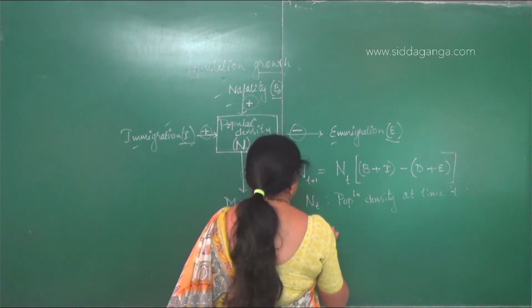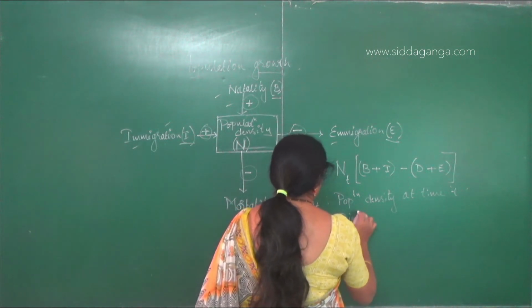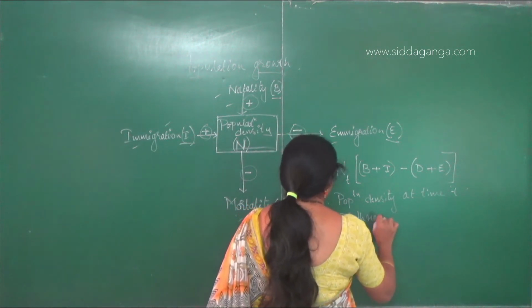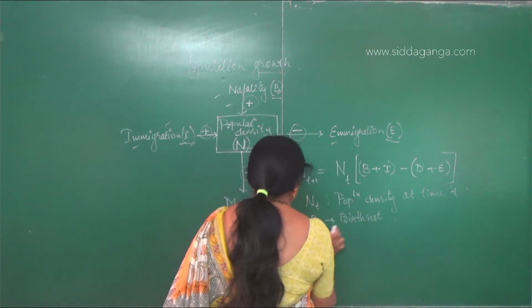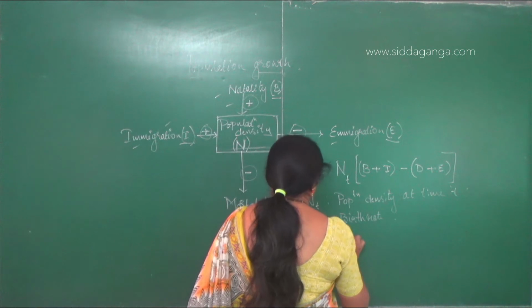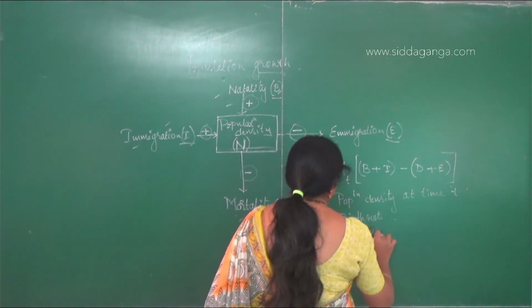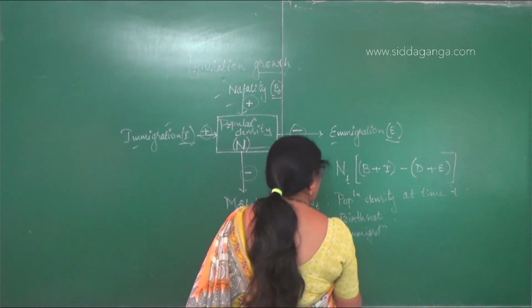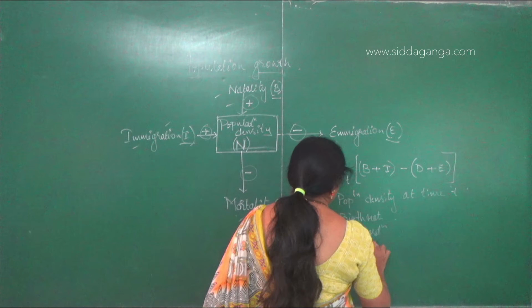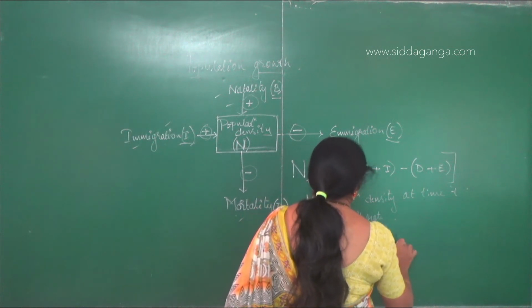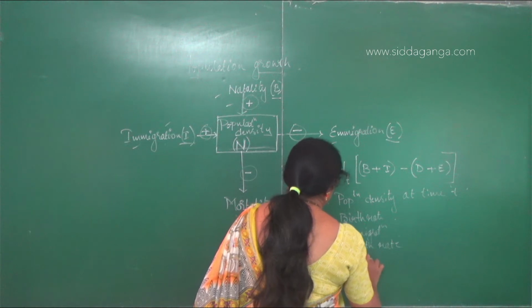So B refers to birth rate or natality, I refers to immigration rate, D refers to death rate, and E refers to emigration rate.